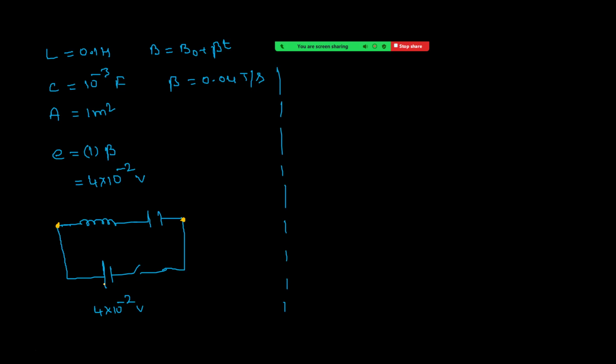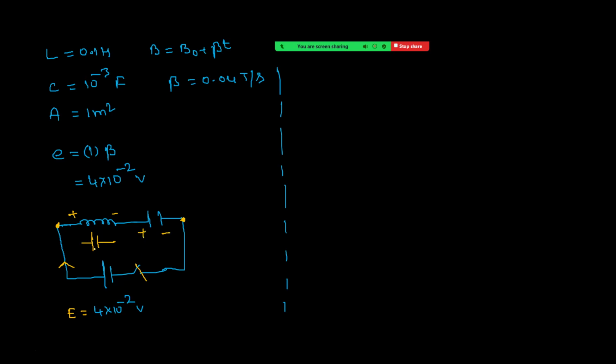So now what I'm writing here is that the battery's EMF is equal to... when the switch is closed, when current flows like this. Since the current is increasing, it tries to oppose that change. Therefore, I replace this one with a battery like this. This is a plus, this is minus. And coming to the capacitor, this becomes a plus and this becomes minus.